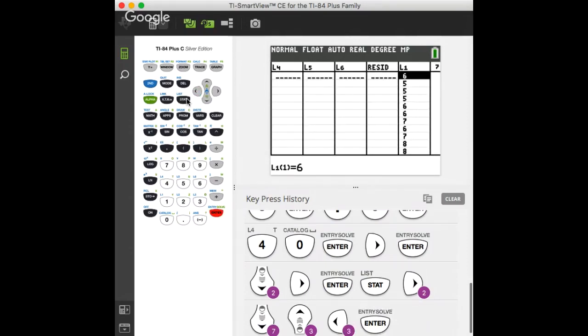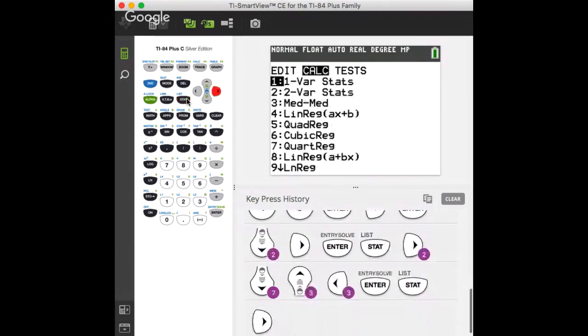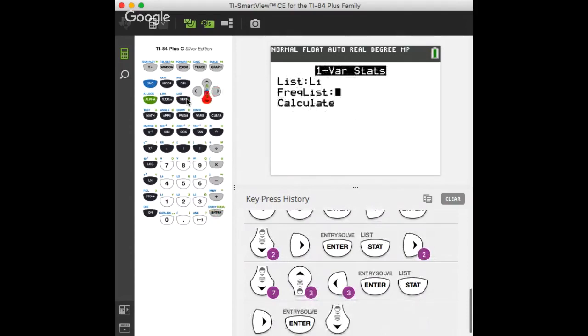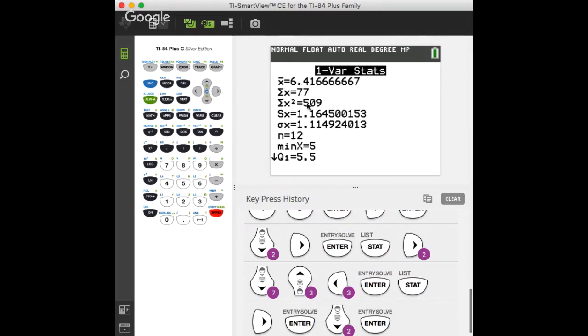I'm just using previous data. You could then just go to stat, calc, 1-var stats, make sure it's L1, no frequency, because there's no change in frequency. Everything takes on a value of 1. And so when I calculate that, that gives me my mean and also my S of X, which is my standard deviation for my sample. Okay. Great question there. I hope that was helpful for you.